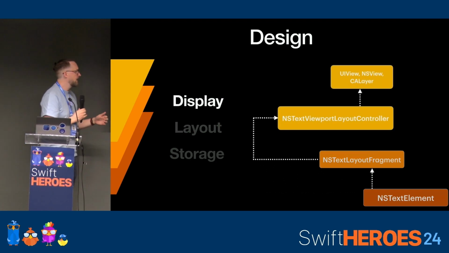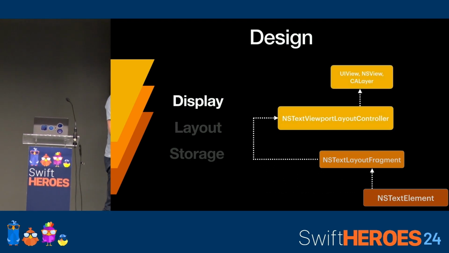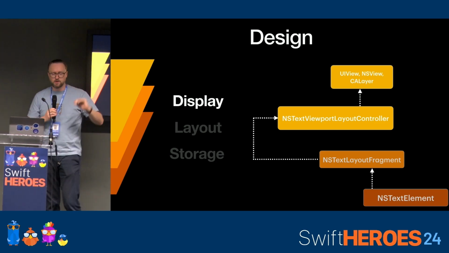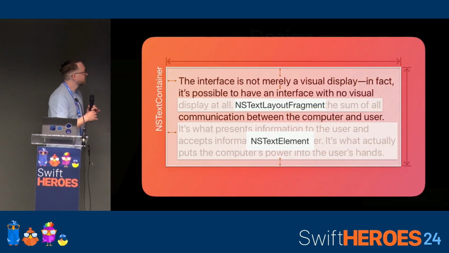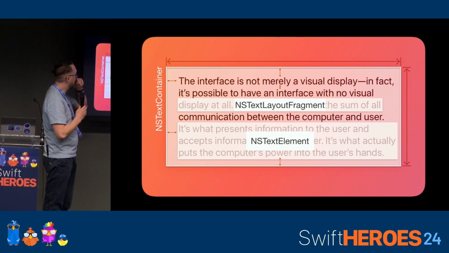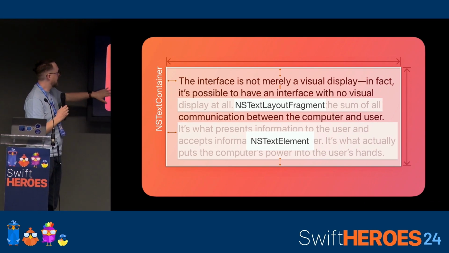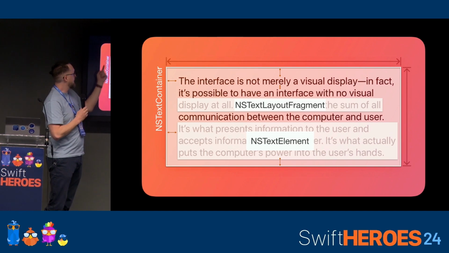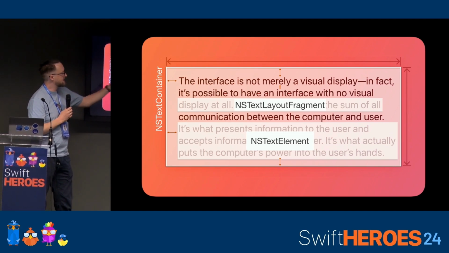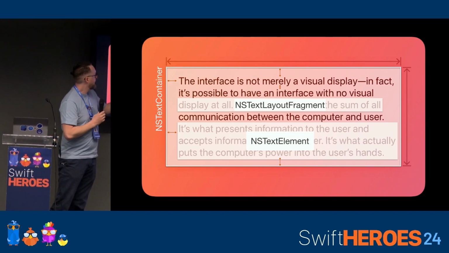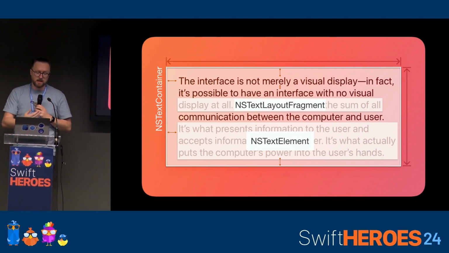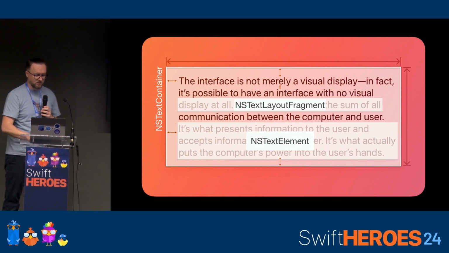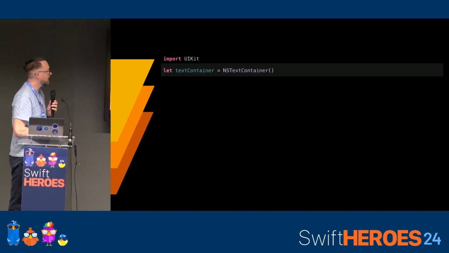And then the display takes that layout fragment and is responsible to actually put it on the screen. That would be how it is layered. So the frame around is NSTextContainer. This is where the text has to fit. This paragraph is a text element, and this one line is a layout fragment, because in that case, that's how it was implemented.